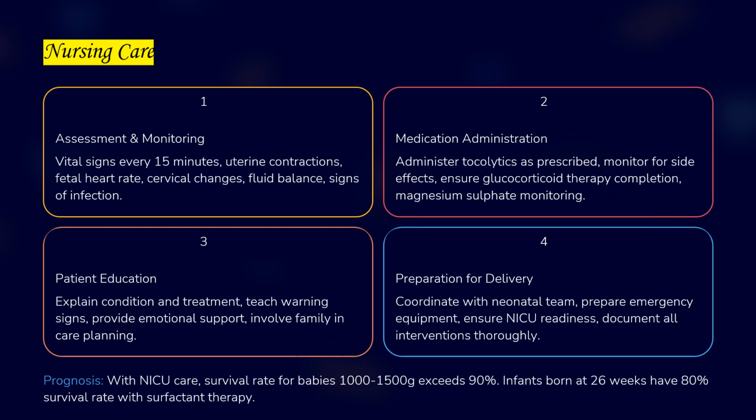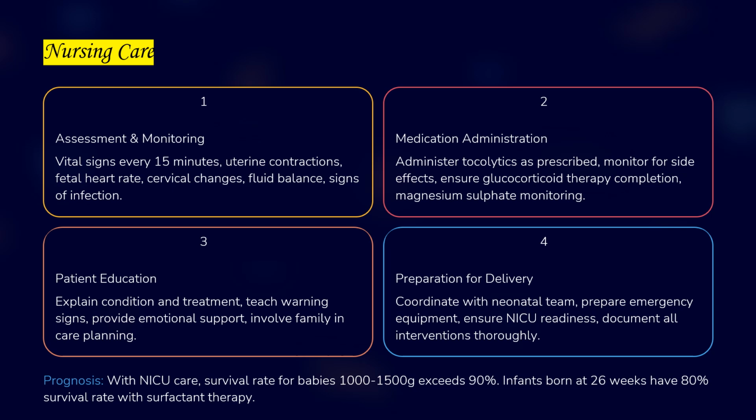And number three, it is very important to give patient education, which is you need to explain the condition and the treatment that is going on, and teach warning signs. If you see any kind of warning sign, you need to inform it. Yeah, and then provide emotional support and involve family in the care planning.